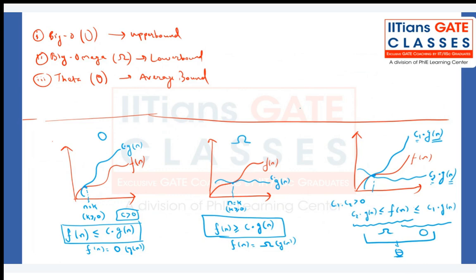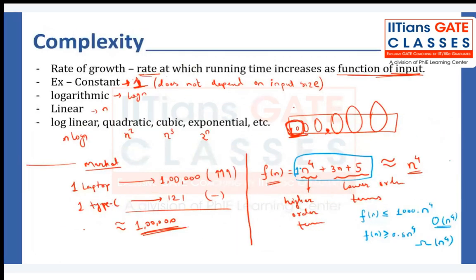So what does theta say? Theta exists when omega and big O both exist and are equal. If we look at our example, we have O of n to the power 4 and omega of n to the power 4. So can we not also write theta of n to the power 4? Because both the upper as well as the lower bound exist, we can say that it is the average bound.